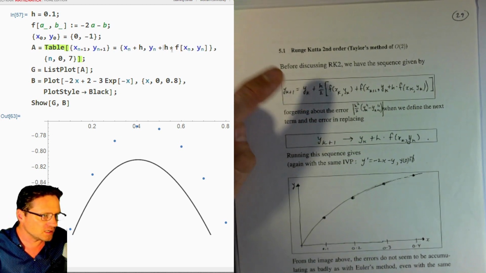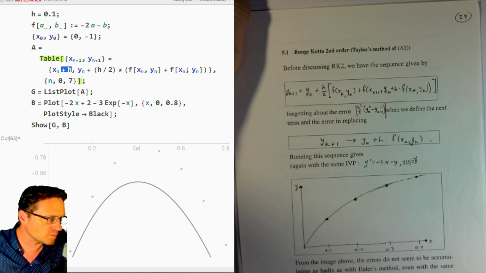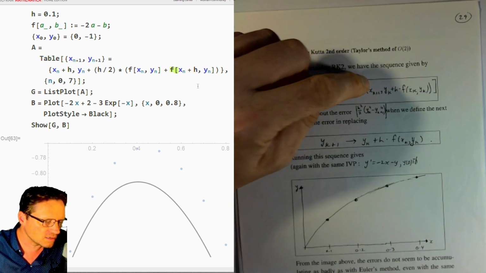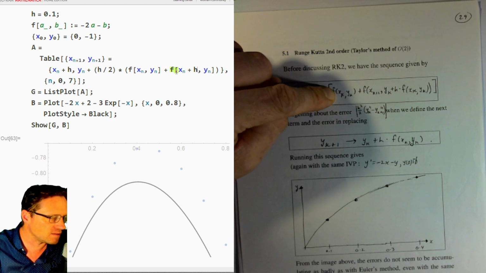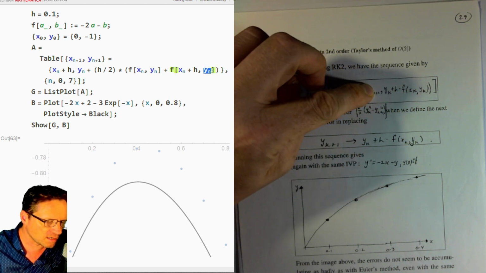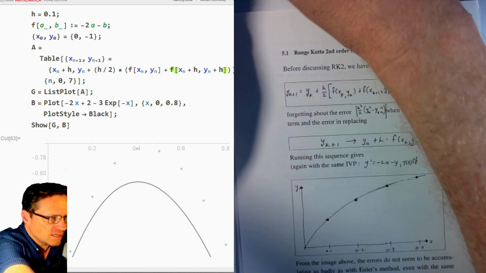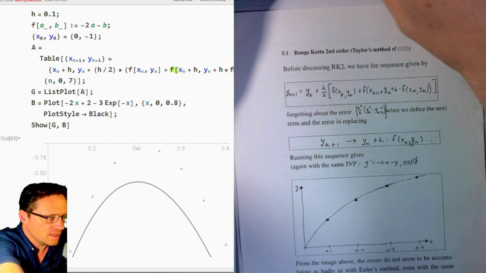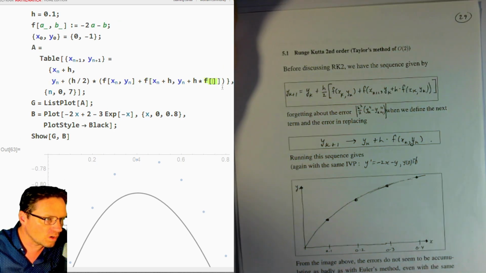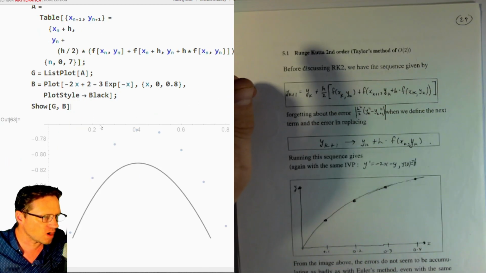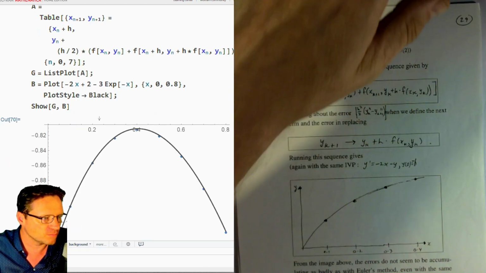So we need to change this x n plus 1, but that is to add h to x subscript n there. Okay, now the y n part should instead be y n plus h times f of x n, y n. All right, now let's run that and compare.